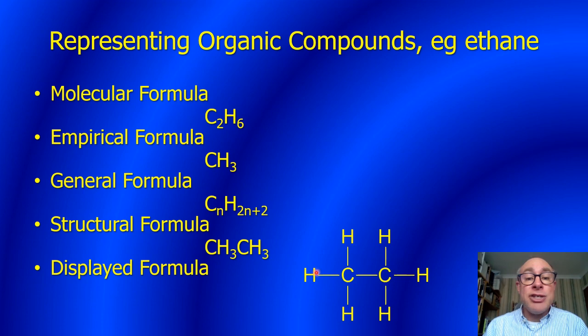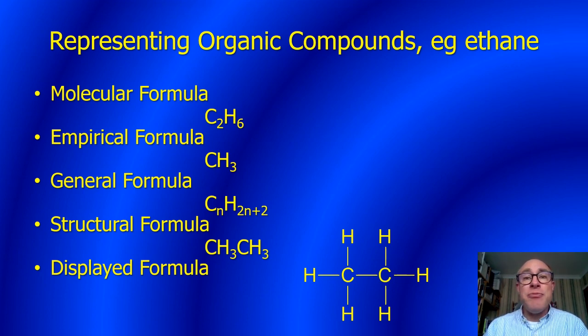Each carbon has 4 covalent bonds, and we generally draw those bonds at right angles to each other, with 3 hydrogen atoms attached to the first carbon, then a bond joining the 2 carbons, and then 3 hydrogens attached to the second carbon as well. You will find that you'll draw a displayed formula probably more frequently in organic chemistry questions than any other way of representing an organic compound.